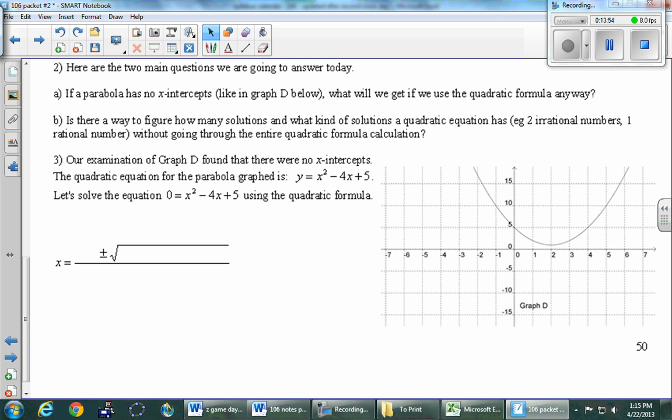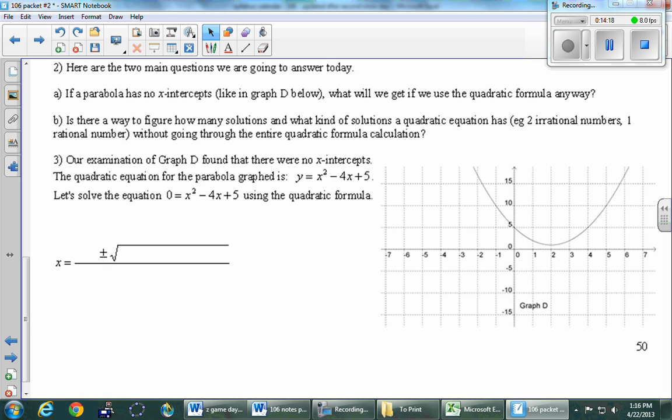Take a look at the graph in part D. The picture in part D has how many x-intercepts? 0, right? But we know we can use the quadratic formula and it will find us the x-intercepts. So what will the quadratic formula do when the answer is there aren't any? That's one question from today, okay?